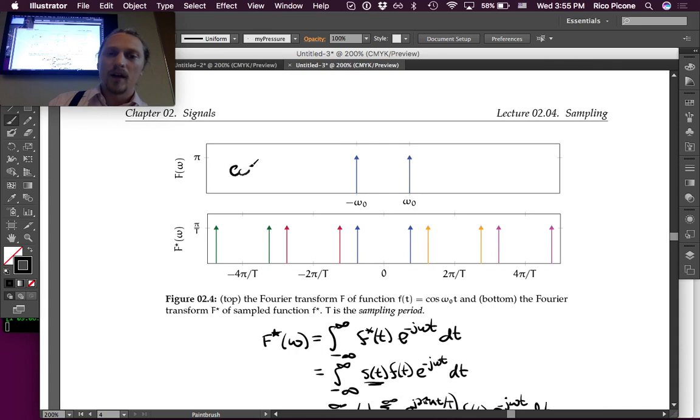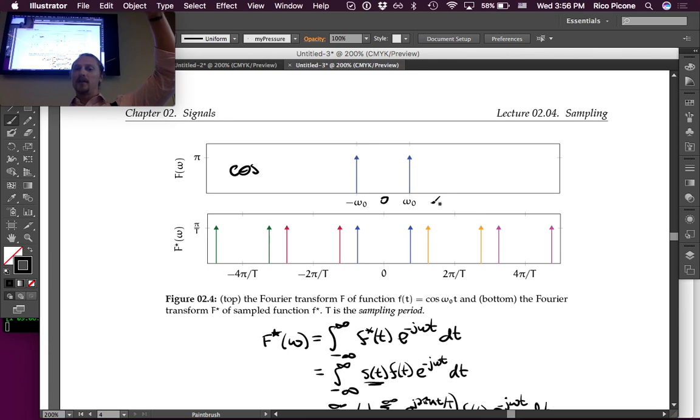So, this is the cosine spectrum. This is 0, right? So there's a Dirac delta with strength pi at omega naught and at negative omega naught. So when you sample the cosine function and you want to look at the spectrum of it when it's sampled, then at intervals of 2 pi over t, which t, remember, is the sampling period, not related to the period of the cosine function.